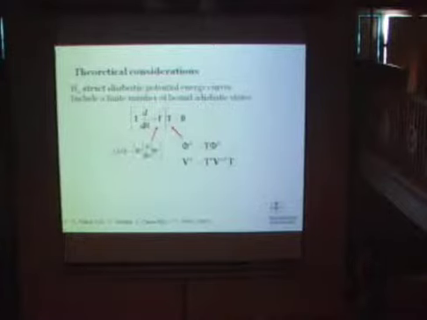Then you get the diabatic potentials by just transforming the adiabatic potentials. This is an alternative approach, and if you look at these potentials, they don't look at all like the quasi-diabatic potentials I showed you before.